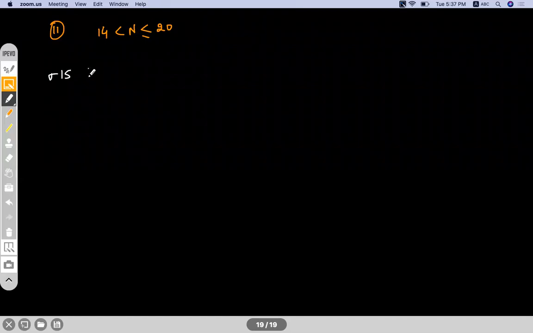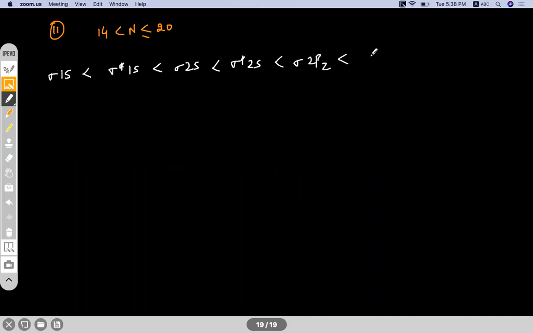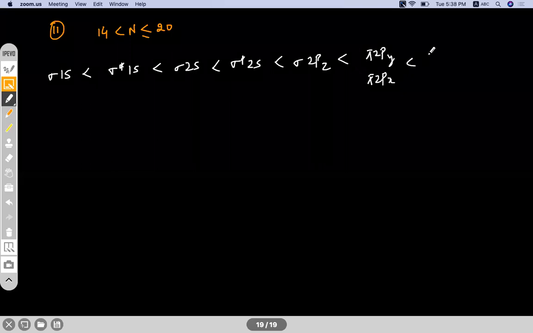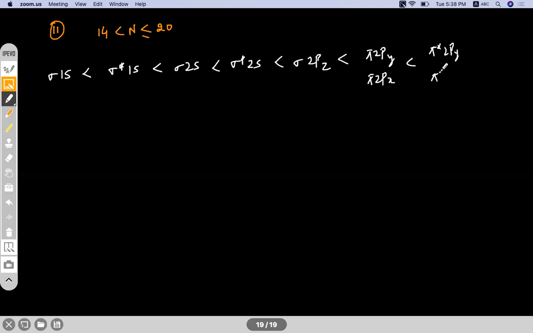Sigma 1s is minimum, sigma star 1s, sigma 2s, sigma star 2s, then we have sigma 2pz, pi 2py, pi 2px, then pi star 2py, pi star 2px, then sigma star 2pz.